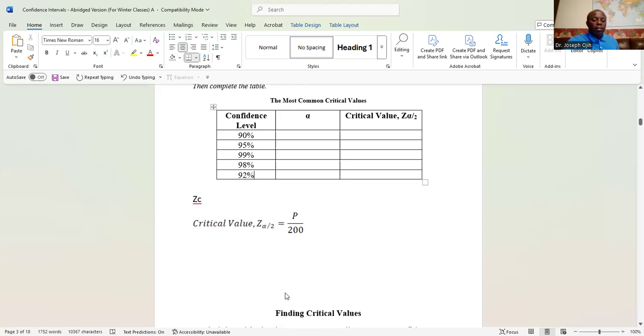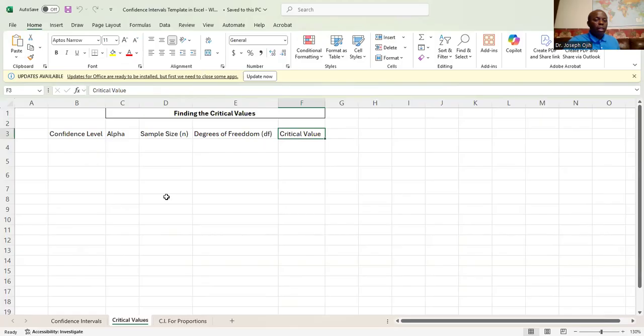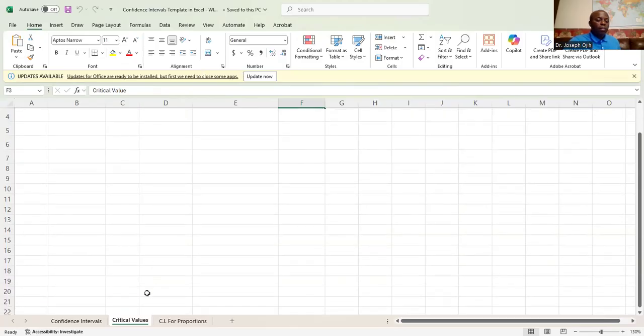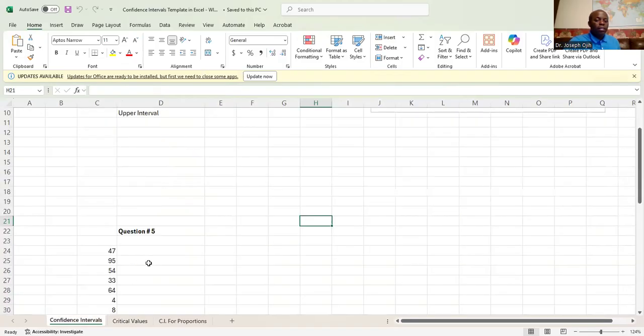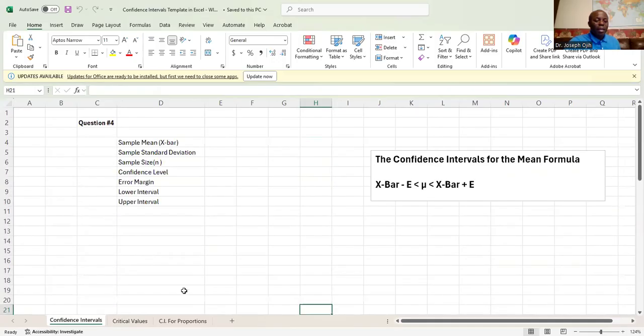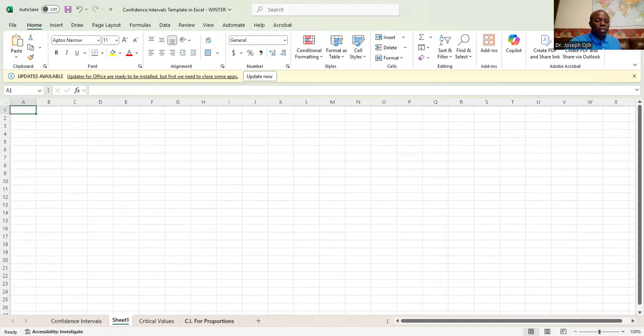I put it in Excel. So you have critical values. Maybe I should open a new one. Let me add a new one right here. Critical values.